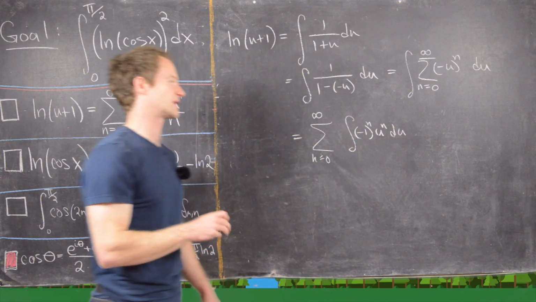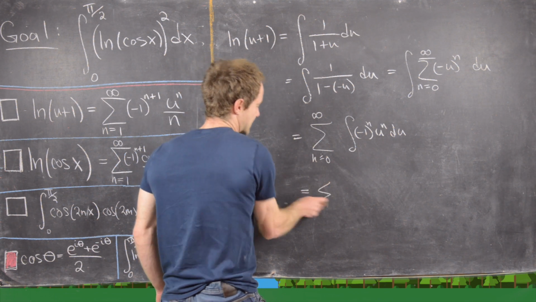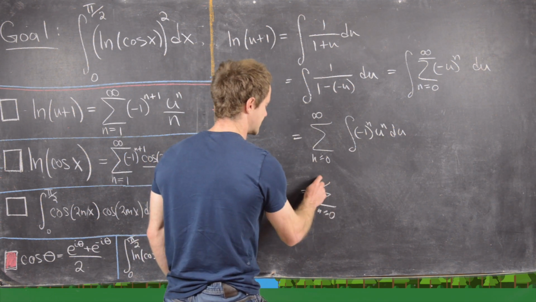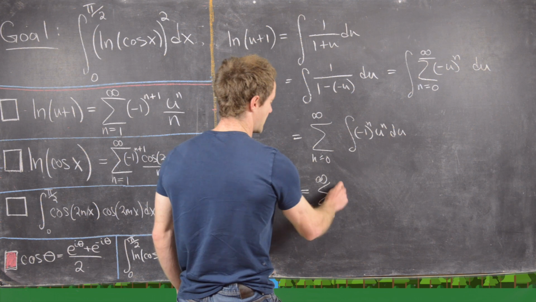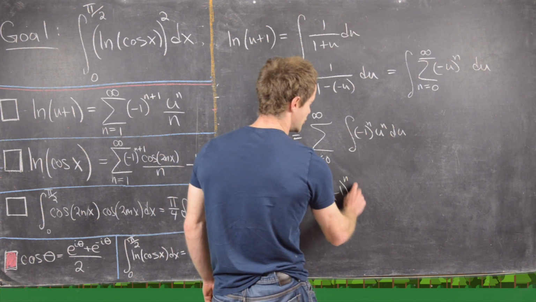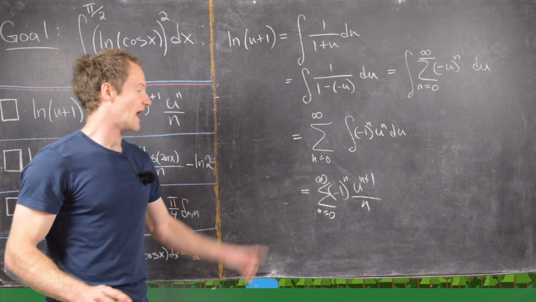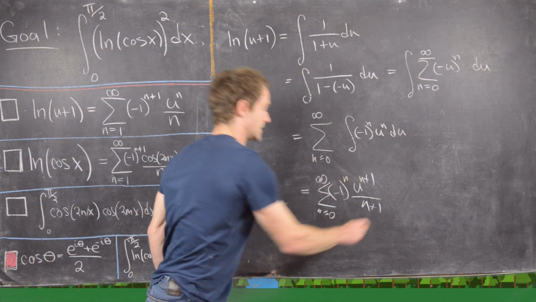Okay, so we've got something like that. But now that's a really simple antiderivative, so that's going to give us the sum n equals 0 to infinity of minus 1 to the n u to the n plus 1 over n plus 1, I should say.